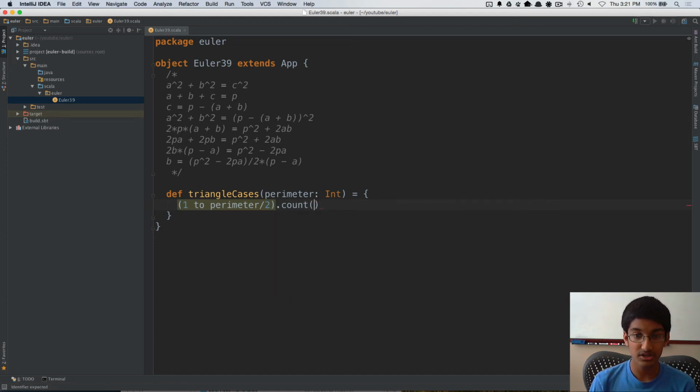Now, for each of these, we're going to count the ones. So this is a. Given a, we're going to calculate the numerator and denominator of this.